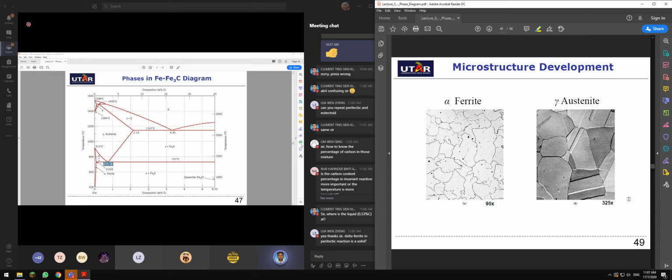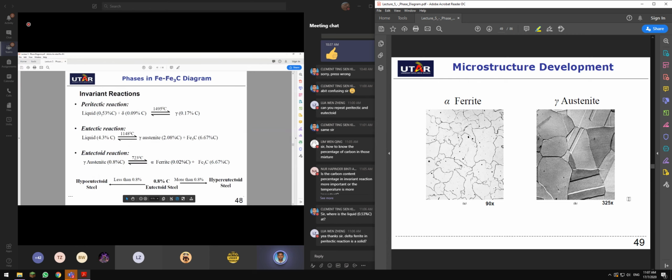So where is the liquid with 0.53 carbon content? Let me see. Oh, over here, 0.53 carbon content.